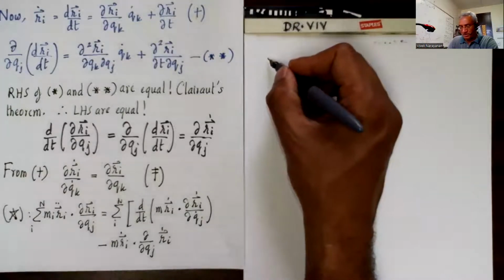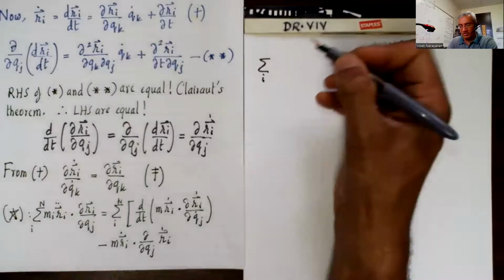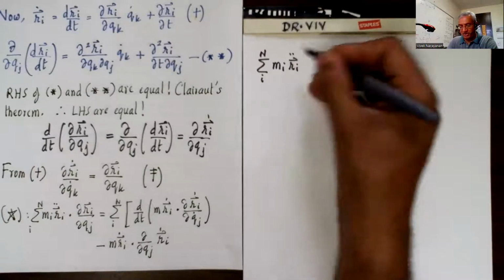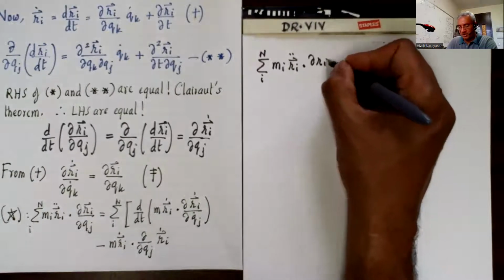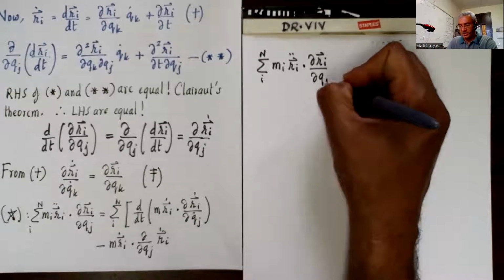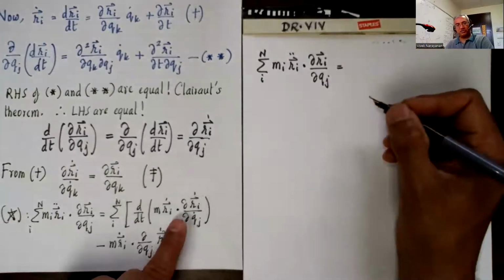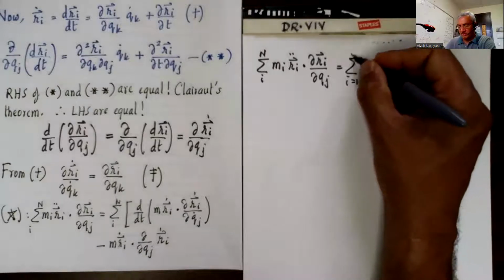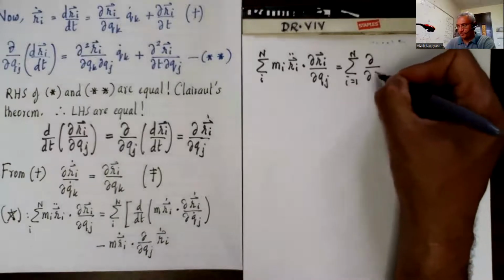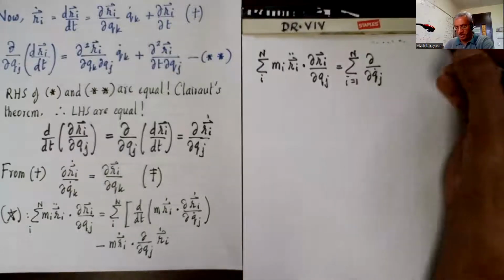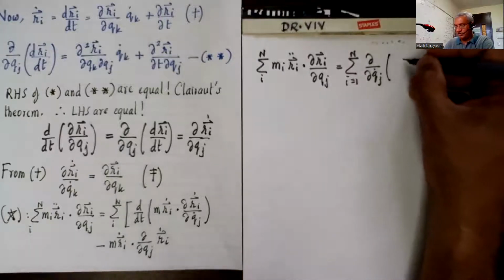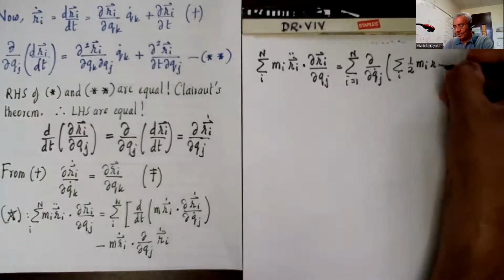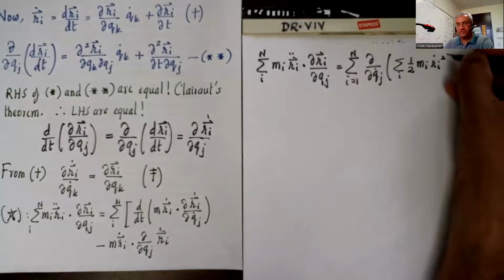The left-hand side, which is the sum from i from 1 to n, m_i r_i double dot, dotted with ∂r_i over ∂q_j, is equal to, this first term can be written as ∂/∂q_j dot of 1/2 m_i r_i dot squared.